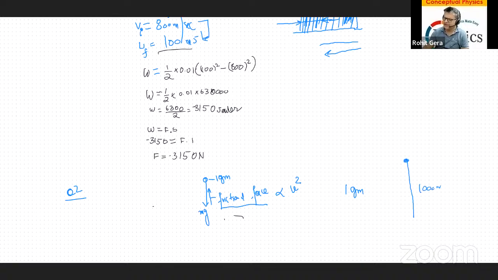Then you realize it has hit the ground with a velocity of 50 meter per second. The question is, what is the work which was done by the frictional force, not by the gravity? It did not ask about gravity. It has asked how much work this frictional force has done. It is falling from a thousand meters.